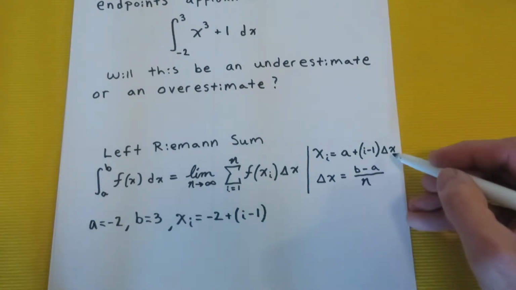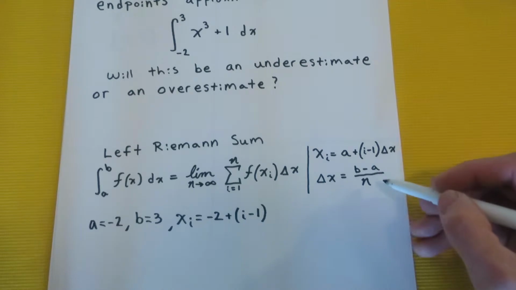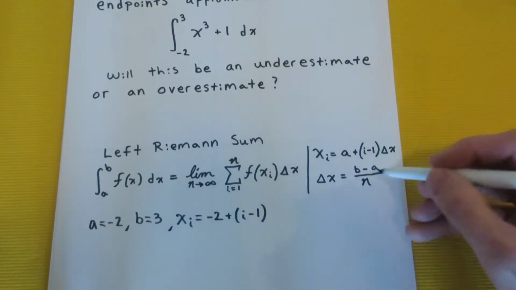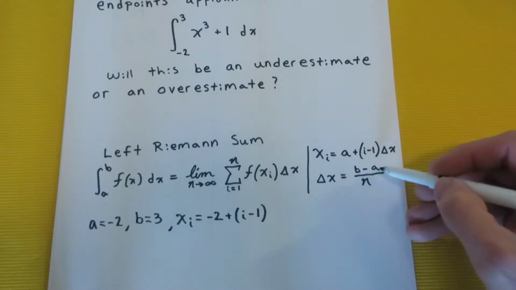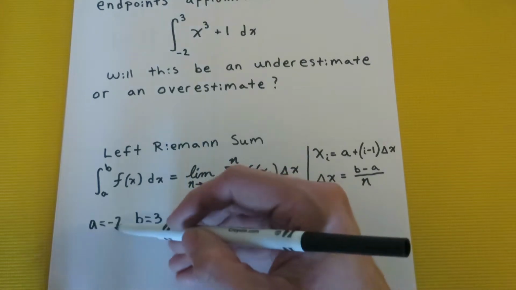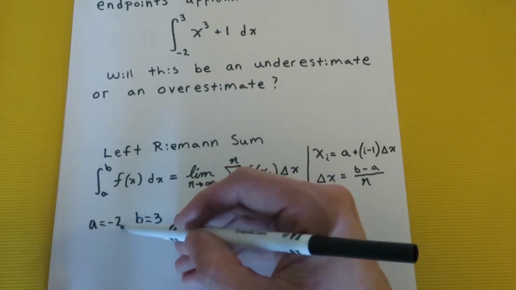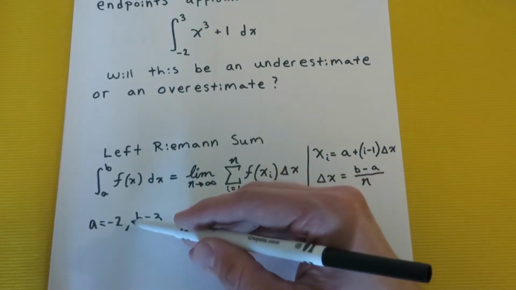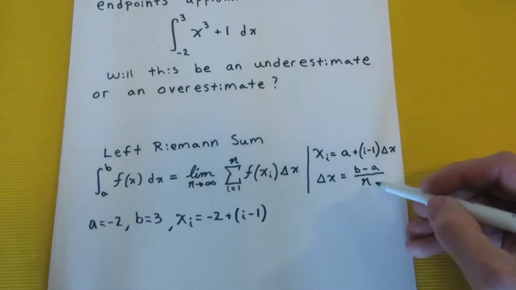Now what's our change in x going to be? Well, we have 5 subintervals, that's going to be our n. And b minus a is just going to be 3 minus -2, or 3 plus 2. And that's all going to be over 5. So 3 plus 2 is 5, and when we put that over 5, we just have 1.